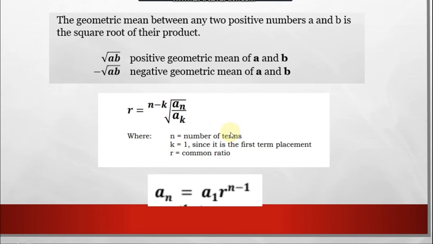We also have using the common ratio, or the n minus k root of a sub n over a sub k, where n is the number of terms while k is equal to 1, since it is the first term, then minus the common ratio. We can also use the formula in finding the nth term of a given sequence, given that we already have the common ratio.